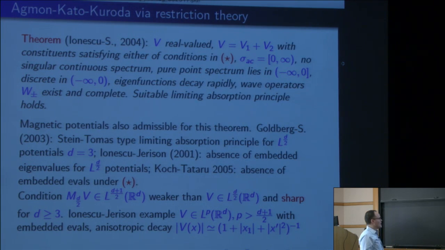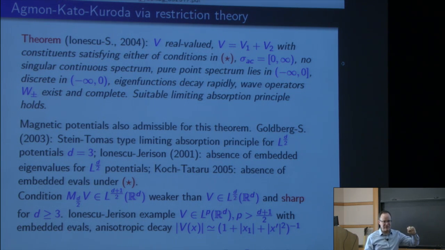So the theorem with Alex was this: if the potential splits into two halves, one corresponds to the classical pointwise short range via this norm that we just had. The other one is this mixed d over 2, (d plus 1) over 2 condition. And then you have the Agmon-Kato-Kuroda theorem.